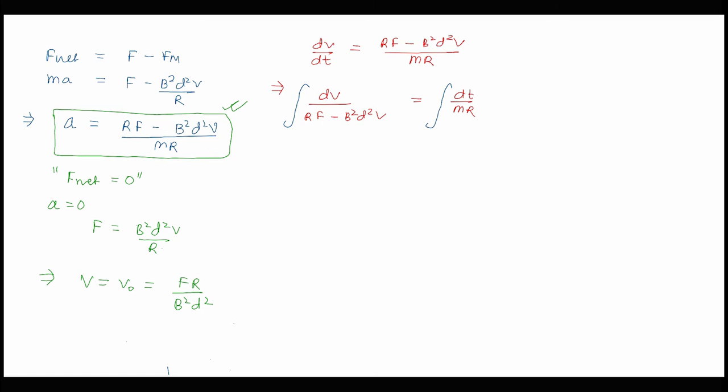At t equal to 0, the velocity was 0, and after a time t, when the entire loop is entering the magnetic field, we say that the velocity is v.